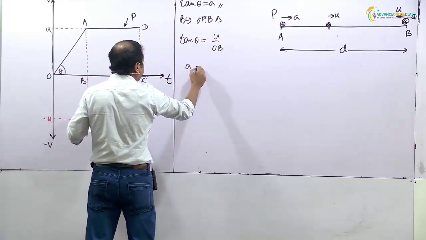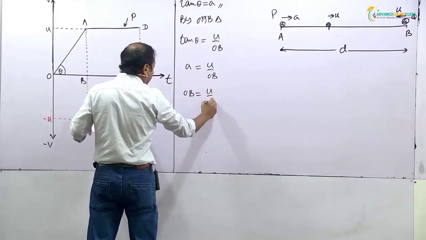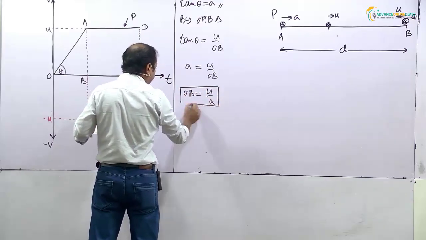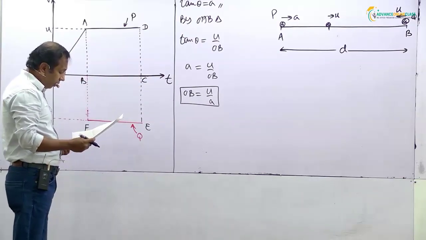Tan theta is A, so A equals U over OB, then OB equals U over A. The distance traveled with the acceleration means the OAB area.